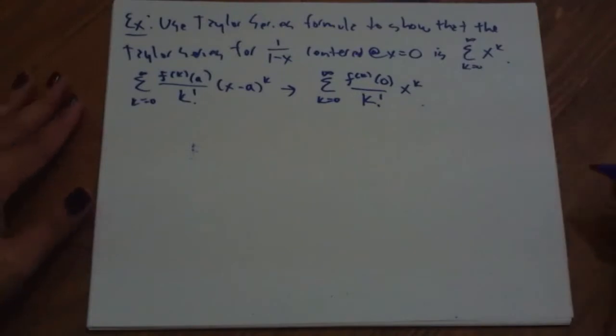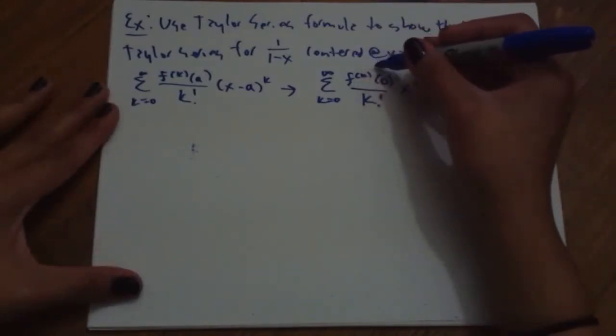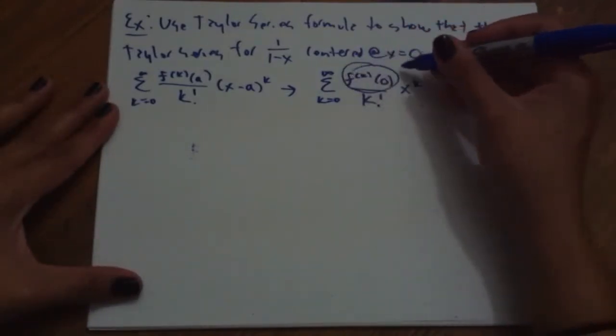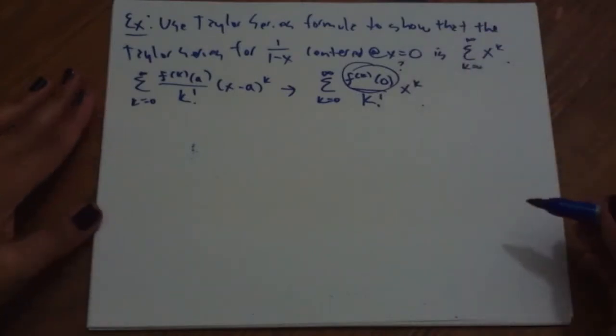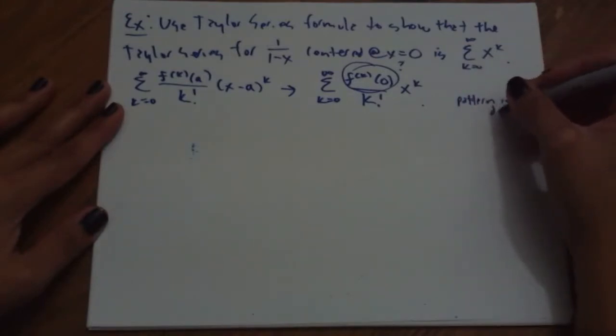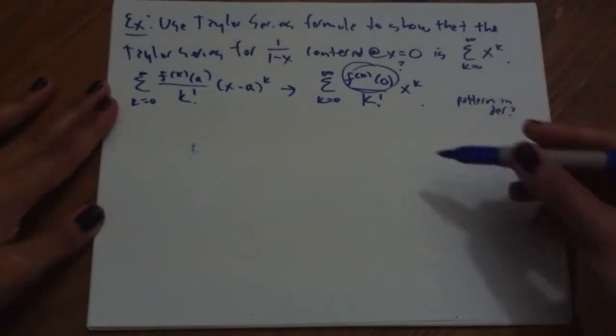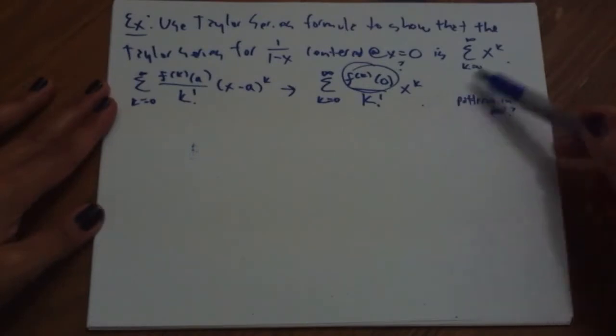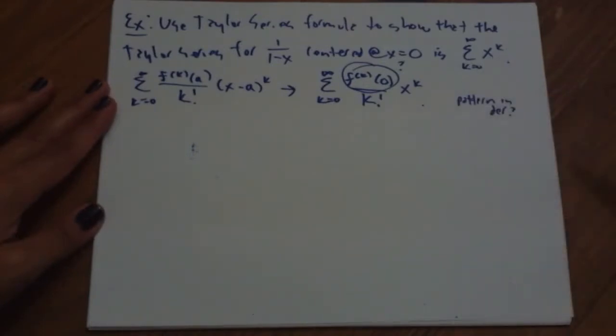So the catch that we're looking for here is, what is this derivative? We're looking for a pattern in my derivative to be able to stick back in the formula, and hopefully we can show that it comes out to this.